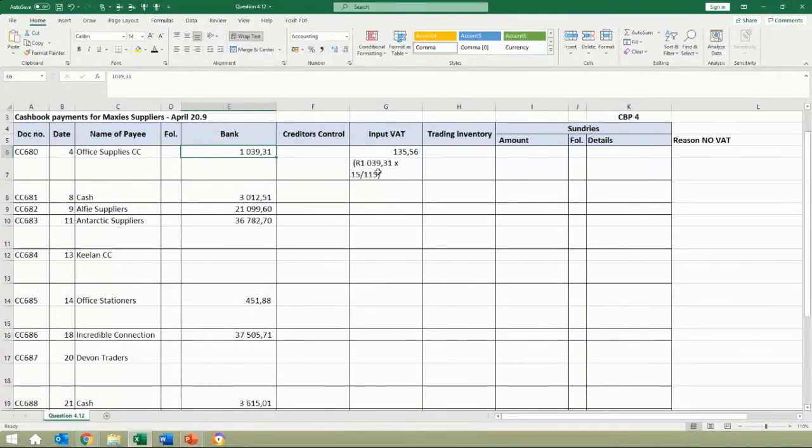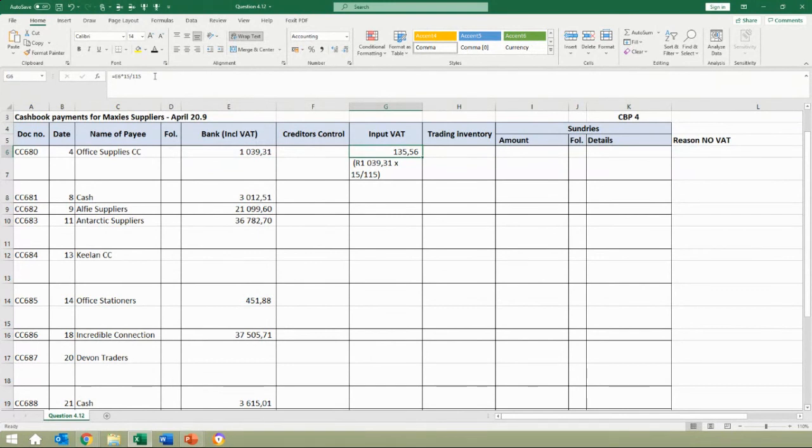I put the 15 at the top and I divided by 115 because we said the bank amount is inclusive of VAT. So let's just put it in here so that you can remember that it's inclusive of VAT. So that's how we got to the VAT input.